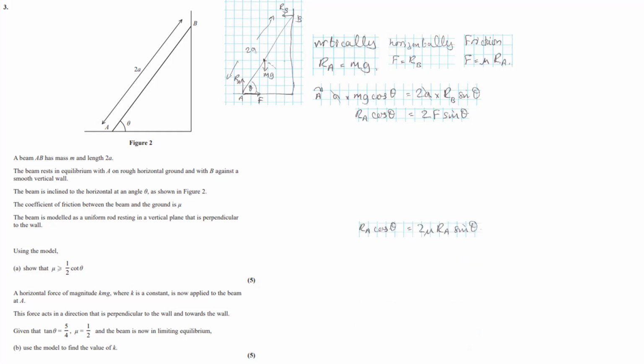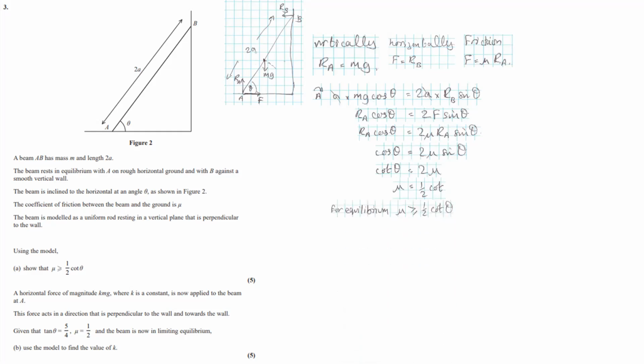I'll have RA on both sides, which I can cancel. So I got cos theta equal to 2 mu sine theta. And because we want the cot, I divided through by sine. So cot theta is equal to 2 mu. And I divided through by 2, so mu is equal to a half cot theta.